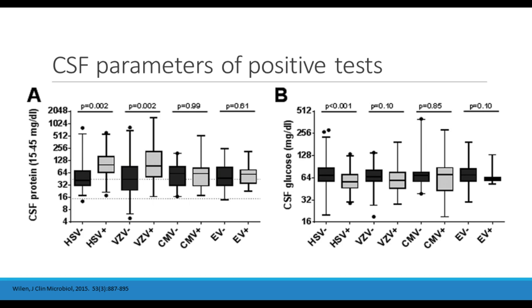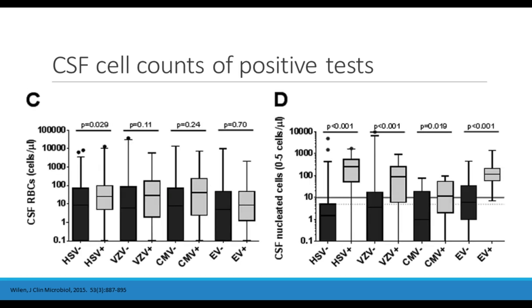For the CSF protein, you can see that in HSV and VZV, the CSF protein was more likely to be elevated in the positive patients than in the negative patients, but that didn't really hold true for CMV or EBV. If you looked at glucose, you may see a decrease in glucose for HSV, but you're not really going to see a change for the other viruses.